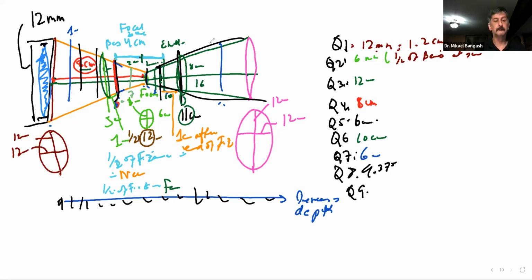Did that make sense? Yes. Right. Because what we mean is, you can still say the focus area is going to be half of what it was here.